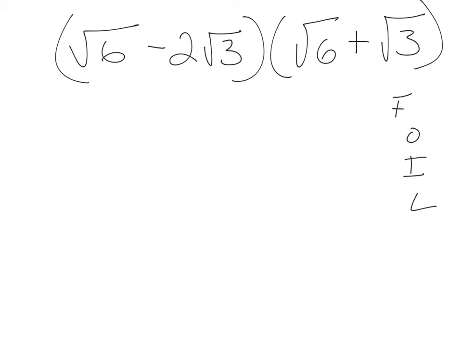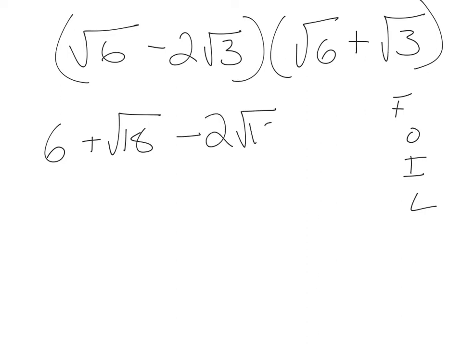So the square root of 6 times the square root of 6 is the square root of 36, or just 6. Outside, the square root of 6 times the square root of 3, that's the square root of 18. There's simplification available there. We'll deal with it in a second. Inside, negative 2 root 3 times the square root of 6 is negative 2 root 18.